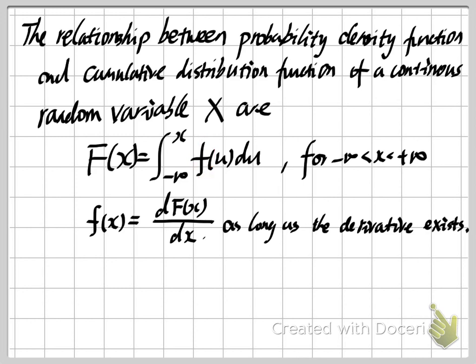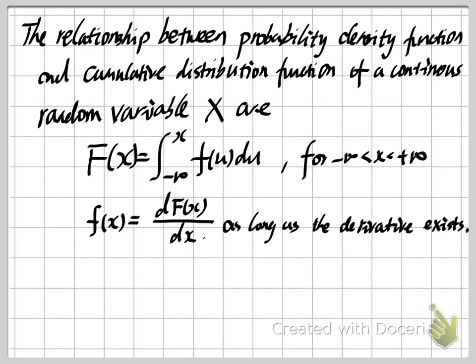And in the other direction, if we know the CDF of our continuous random variable X, then we can use the derivative to compute our PDF. The only thing you need to care about is the range.